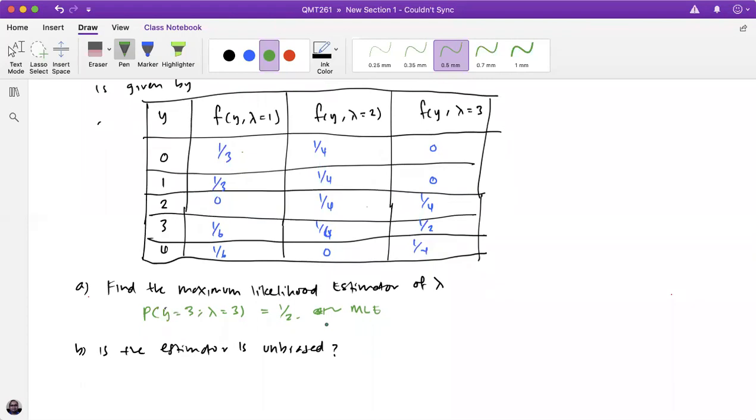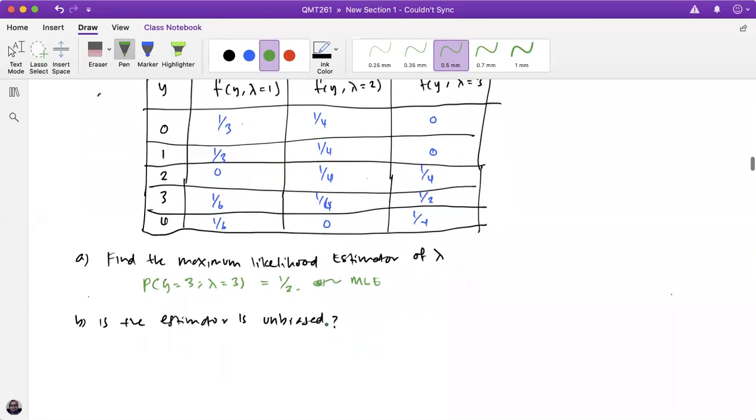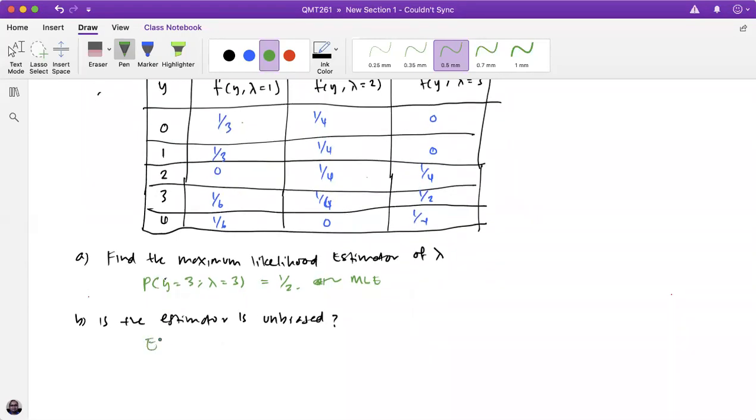To test whether the estimator, y equal to 3 and lambda equal to 3, is unbiased, we need to take the expected value of lambda equal to 3. The expected value is the summation over y from 0 to 4 of y multiplied with the probability of lambda equal to 3.